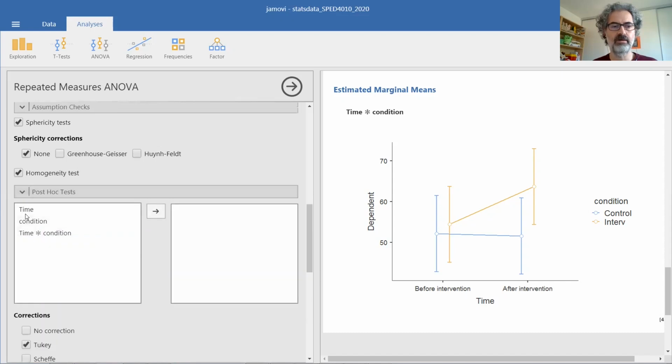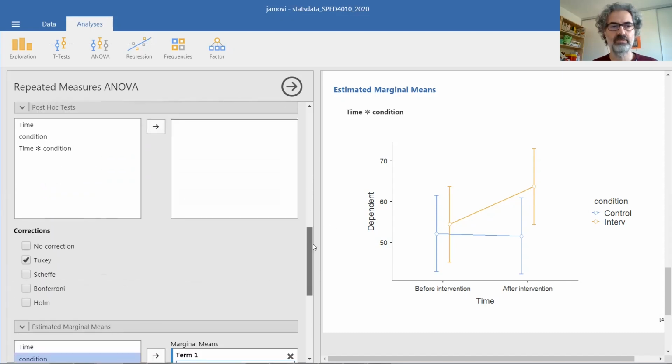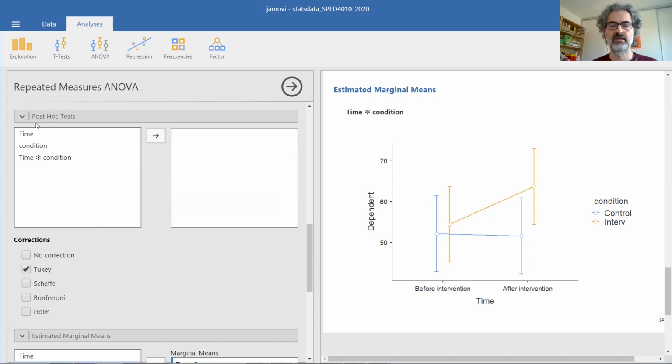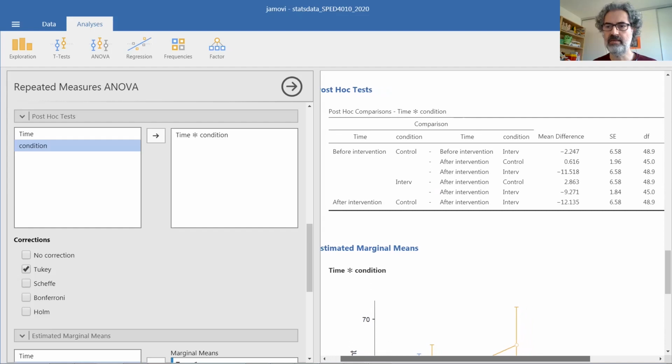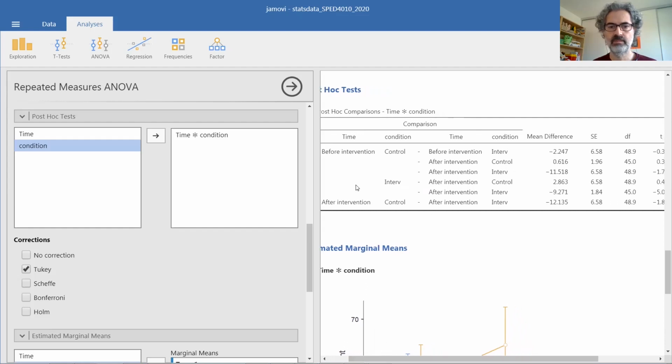In order to figure it out, we need to run post hoc tests. And because we're interested in the interaction, so to compare individual combinations of conditions, we have to bring the interaction term into the post hoc tests and leave the selected Tukey correction here, which corrects for the multiple comparisons, and read this table.